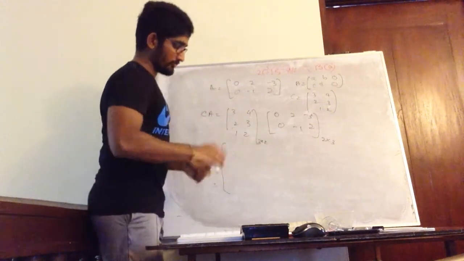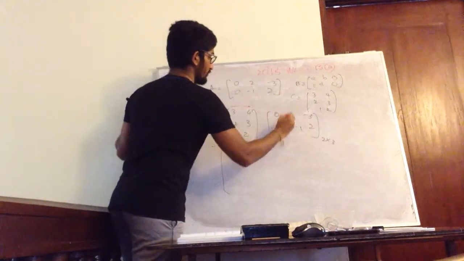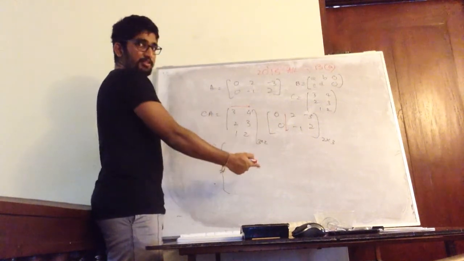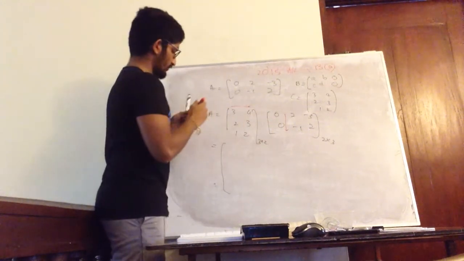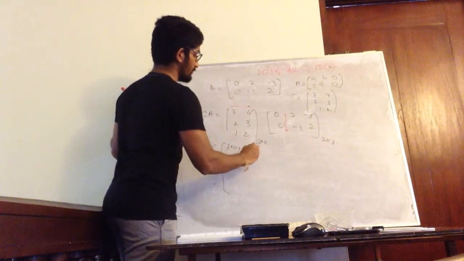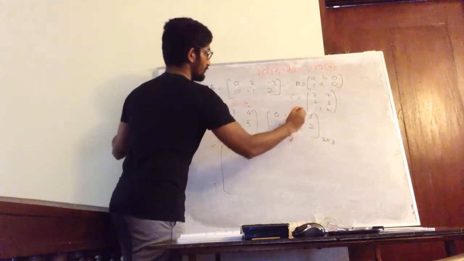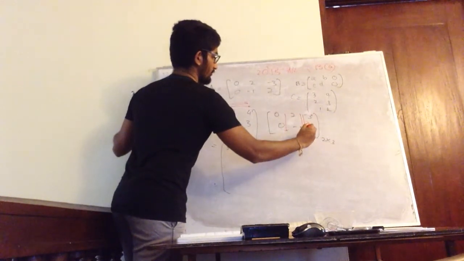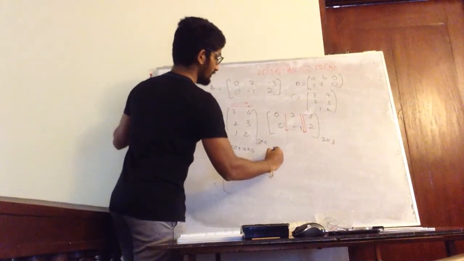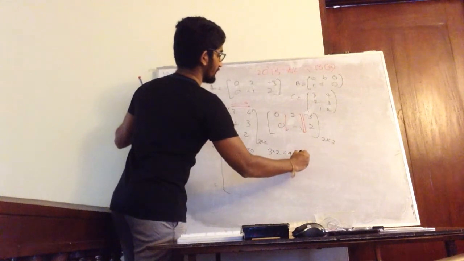So let's find this out now. First this, so this into this, that means what? This is multiplied by 0. So for completeness' sake, I'll write this down. 3 times 0 plus 4 times 0. Then this into this, that is 3 times 2 plus 4 times minus 1.